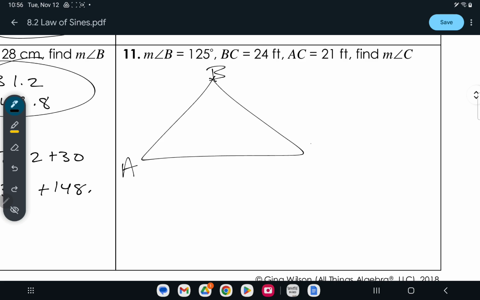A, B, C. 125. BC is 24. AC is 21. Find C. Well, let's see.